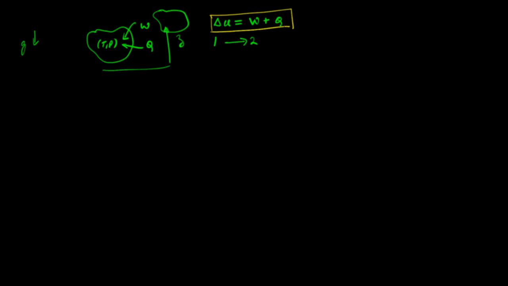Why? Because there's a change in potential energy of the system. But we can rectify this equation by adding the contribution of potential energy, and potential energy, which we'll denote by PE, will be a function of this elevation, that is Z. And this elevation is measured from some standard reference elevation.